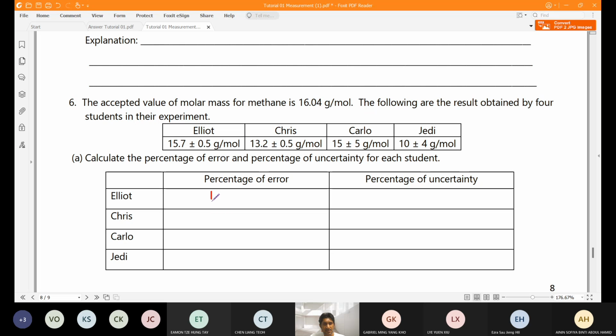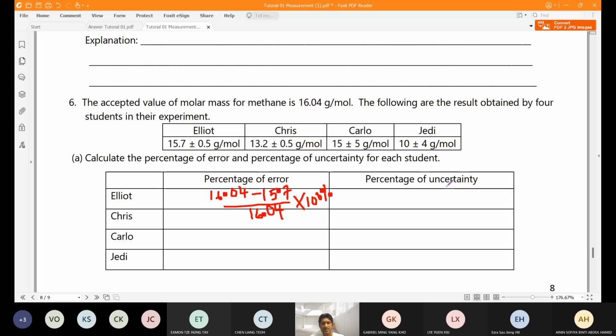That means 16.04 minus 15.7, divided by 16.04, times 100%. Okay, so in this way we will get the percentage of error for Elliot, and so for Chris, Carlo, JD, all of them.